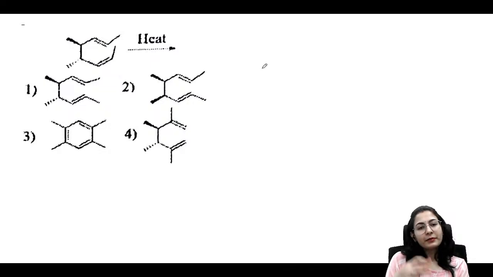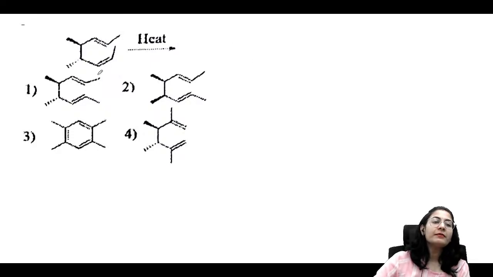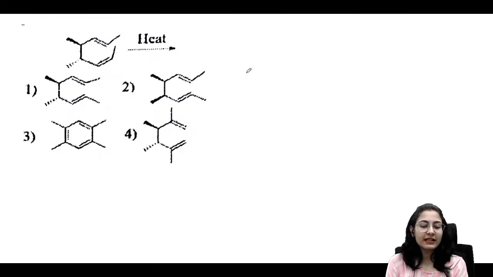Look at the stereo of the methyls. यू नो इसको कैसे बनाएंगे हम? ये सबको आता है ना, 6 membered chair transition state.